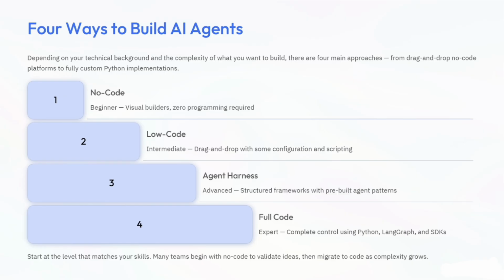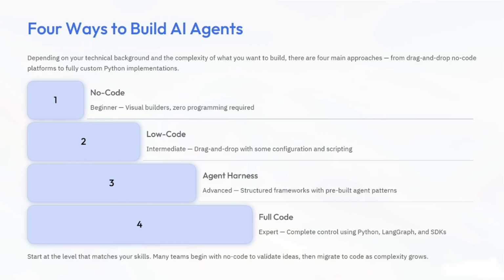Low code is the next level where most of the work is still visual, but sometimes you need to write a small amount of code or configure APIs. You can think of it like assembling furniture. Most parts are already ready, but you just connect them together. Popular tools here are n8n, Flowise, then Dify. These are some examples of low code AI agents.